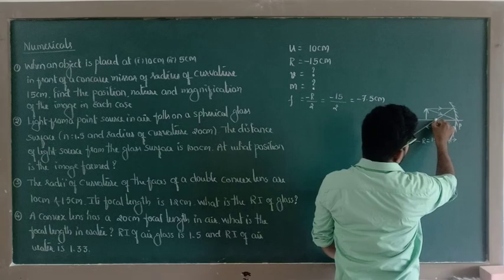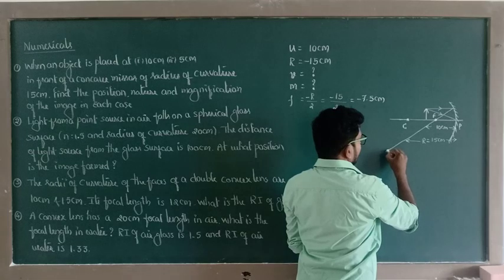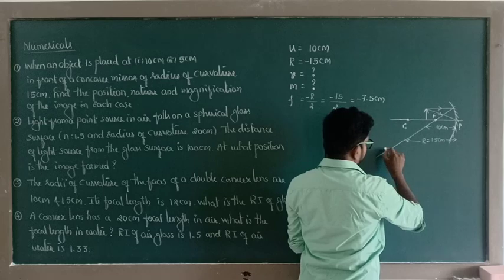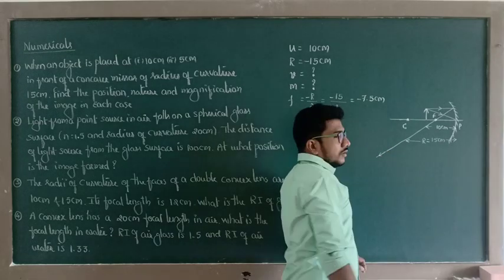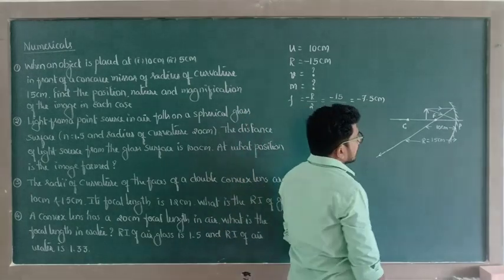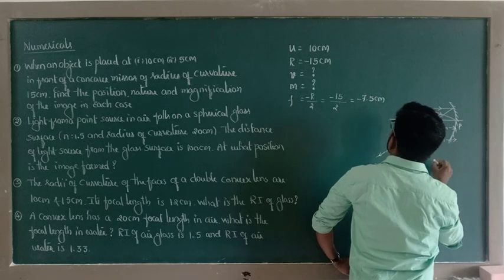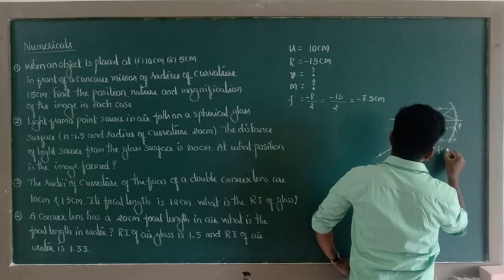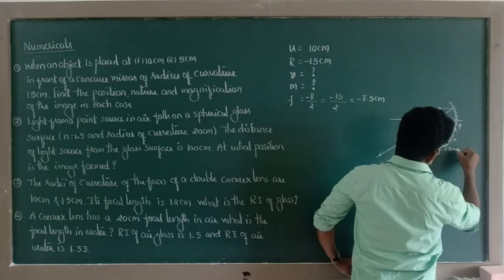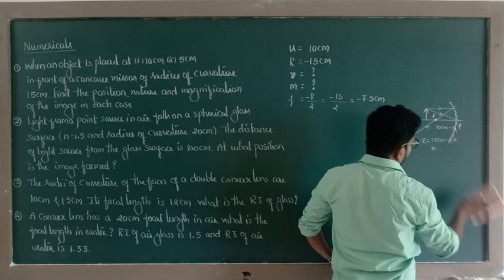That point is known as the principal focus. The distance between the principal focus and the pole is known as the focal length, represented by small f, which is equal to 7.5 centimeter.